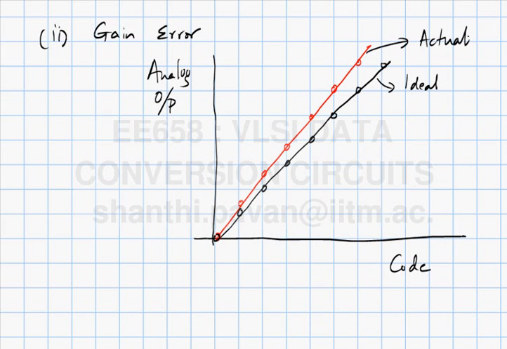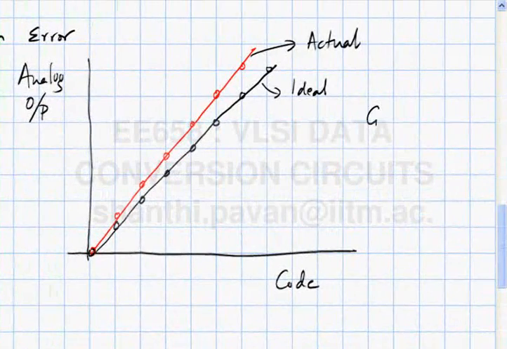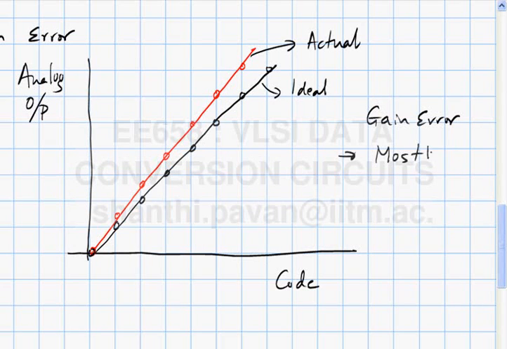In other words, the LSB size is the same, but it is not what you anticipated it to be. So the change in the analog output for a change in the input code by 1 is not what you would expect, and this corresponds to gain error and is also mostly benign.